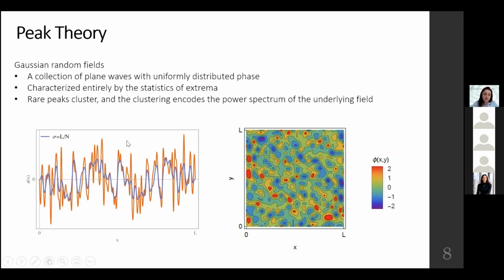They form these peaks, and if we set the threshold along the phi axis here, and we measure the number of peaks that are larger than the set threshold, what we find is that the ones that survive the selection process tend to be clustered rather than uniformly distributed. I will talk a bit more about this later.